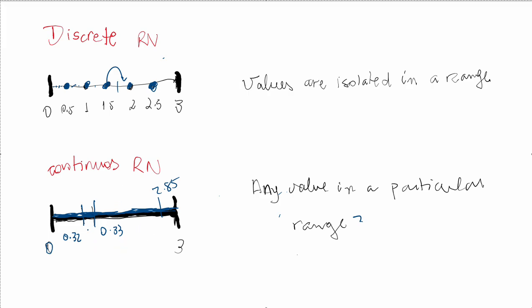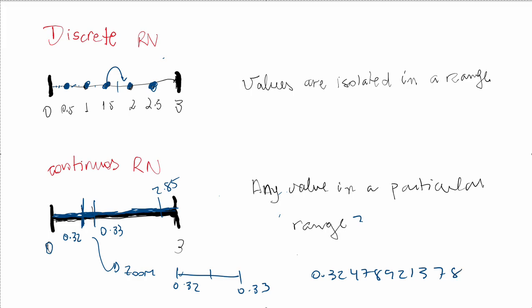And actually, if you zoom into another range, I can have any value in the range 0 to 3, but if I take an interval, for example, 0.32 to 0.33, and I zoom, 0.33 is here, 0.32 is here. Actually, I can still assume any value. I don't need to jump from 0.32 to 0.33. I can have a number that is 0.32478921378.